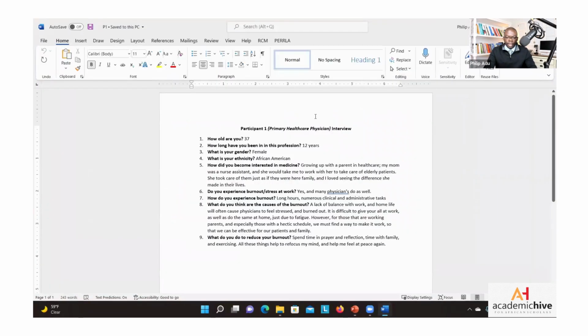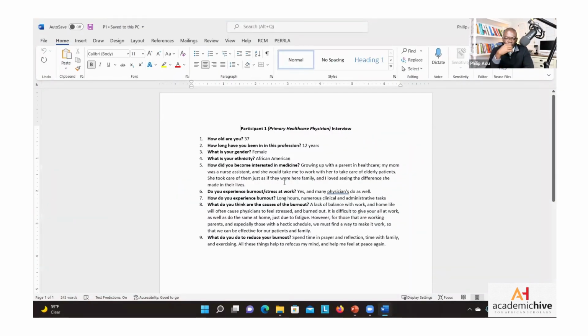So as you can see here, for this example, we asked them direct questions, right? First, we asked them demographic information, then how they became interested in medicine, and then about their experience of burnout. We call these structured interviews. It's structured because every person was asked the same questions in the same order.